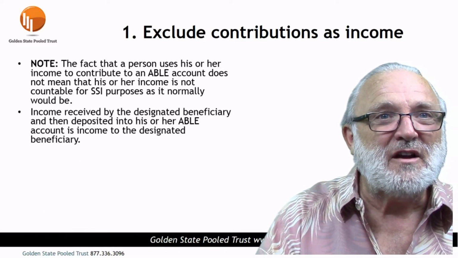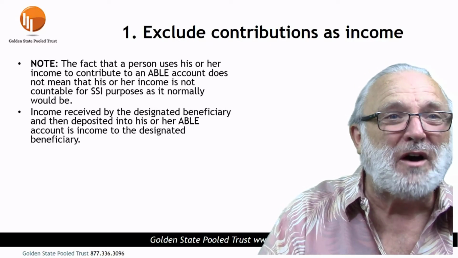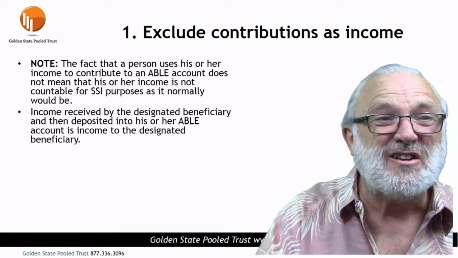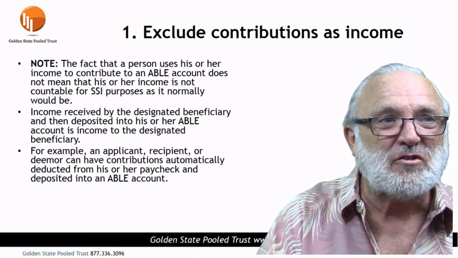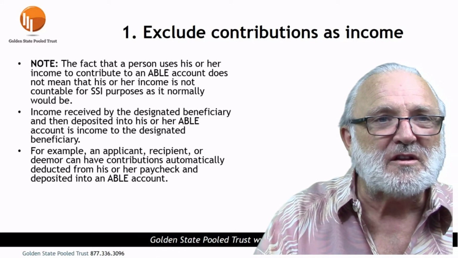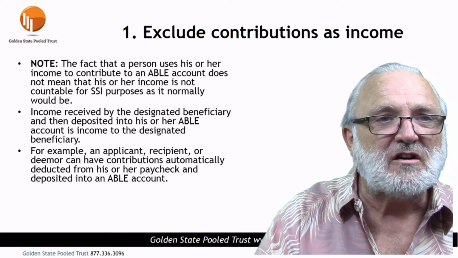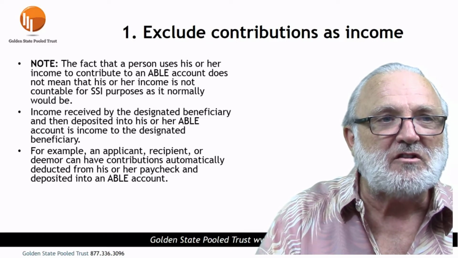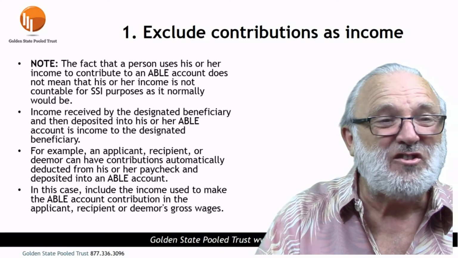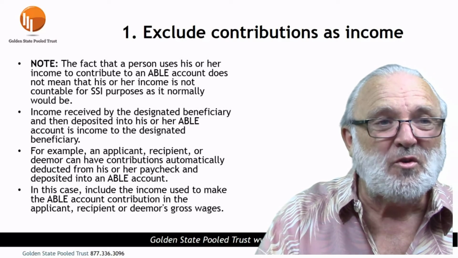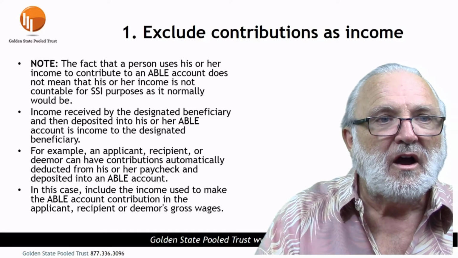Income received by a designated beneficiary and then deposited in his or her ABLE account is income to the designated beneficiary. For example, an applicant, recipient, or deemer can have contributions automatically deducted from their paycheck and deposited into an ABLE account. In this case, you're still going to take the normal reduction for earned income.